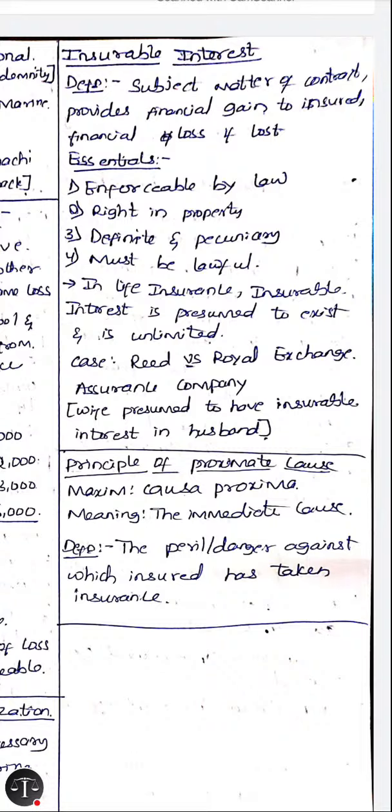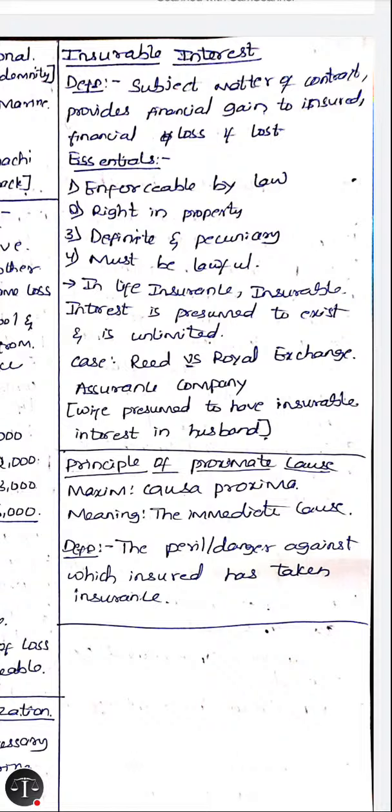The next principle is the principle of proximate cause. It is based on the maxim causa proxima. So what is the meaning of it? Causa proxima means the immediate cause. Definition: it is the peril or danger against which the insured has taken insurance. Say for example, due to multiple events, damage occurs to the insured, but he has taken insurance only against certain events.